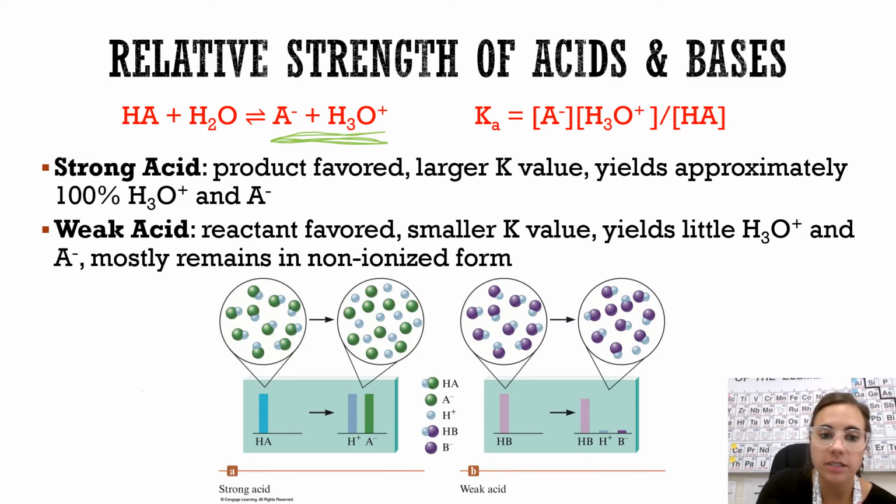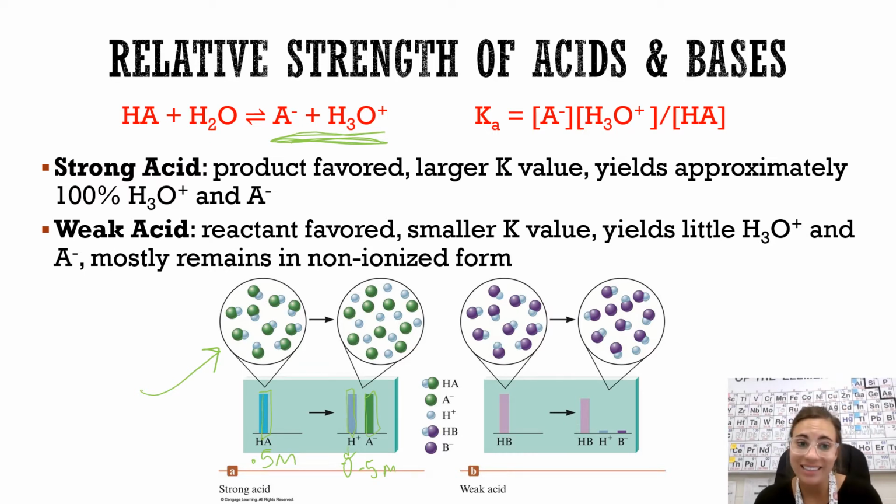So if you look at this depiction here, this is my original acid. Every single one of them has dissociated. So the amount of HA that I had is the exact amount of H and the exact amount of A minus that I had. That is why in the previous part, if I told you you had 0.5 molar hydrochloric acid and I asked you for the pH, you just did the negative log of 0.5. Because if the strong acid is 0.5 molar, then the concentration of H plus is 0.5 molar.